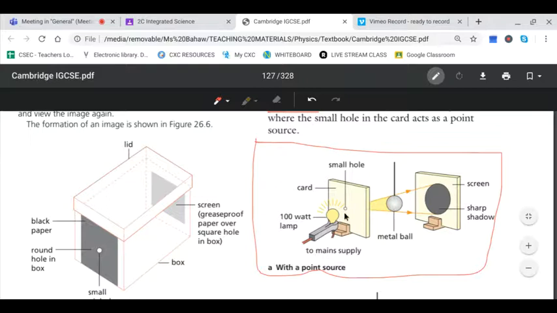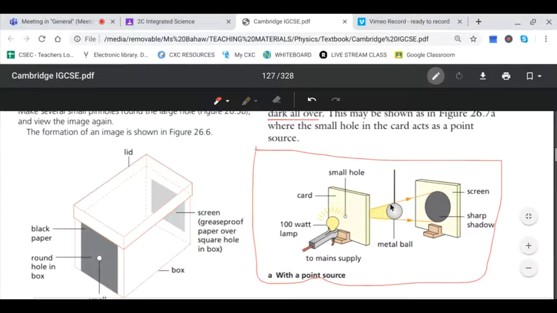When the light passes through that hole and there's an object in front of it, notice the object is a metal ball. A metal ball is something that is opaque. Who remembers what the word opaque means? Right, one person at a time.